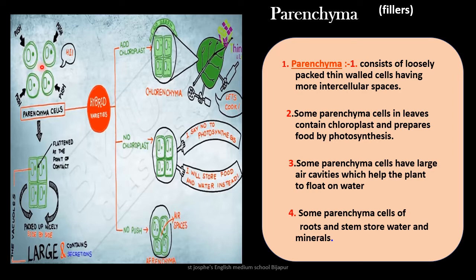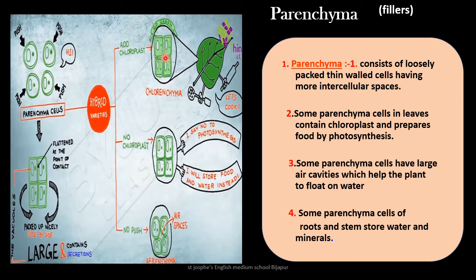The second point is that some parenchyma cells in leaves contain chloroplast and prepare food by photosynthesis. If you observe a section of a leaf under a microscope, you will see these parenchyma cells are filled, as I told you, they are the fillers.